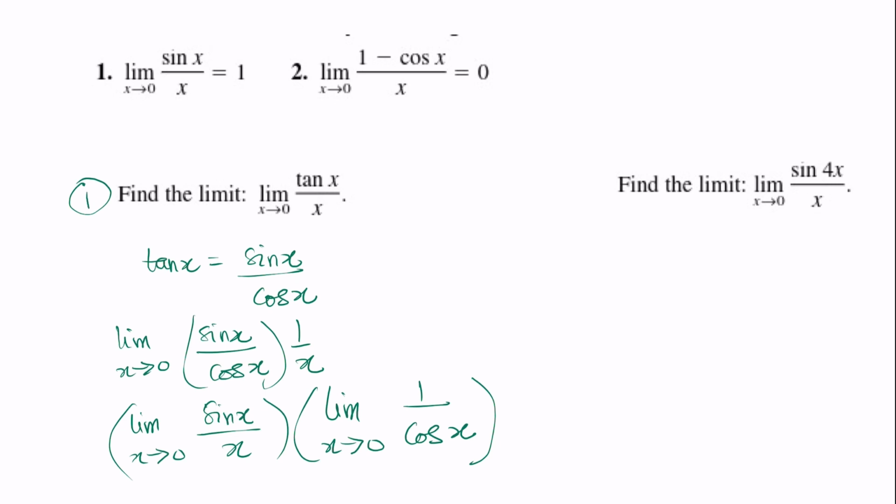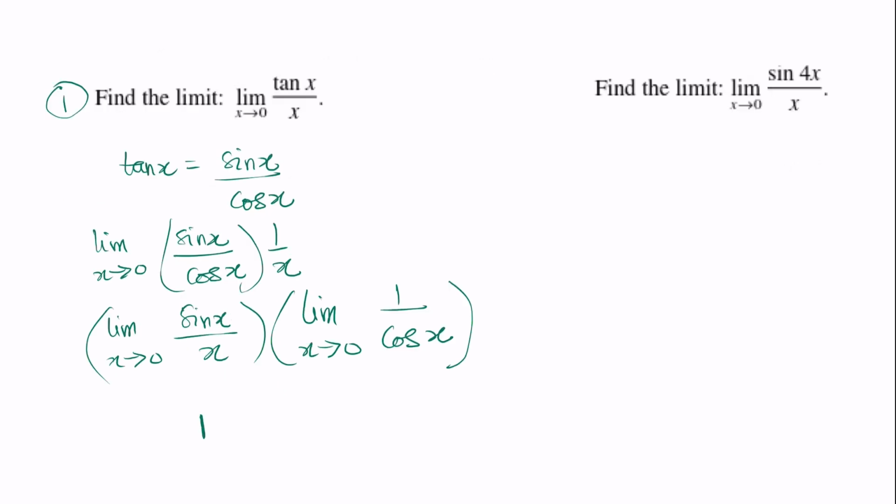So clearly you can see that this can now be evaluated. This is a special limit which we have just discussed. So this gives us 1. Now we are going to evaluate this other limit, which is going to be the direct substitution 1 over cosine 0, which is going to give us 1 over 1. So therefore our answer is 1.